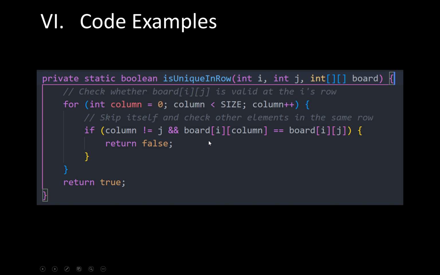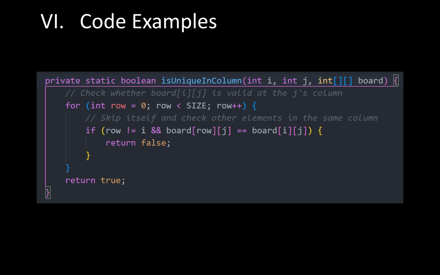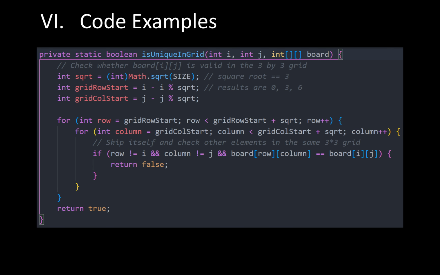There's nothing special, it only uses a for loop to compare whether the input number is a duplicate or not. Here's the unique in column function, the same idea as the previous one, and then unique in grid.